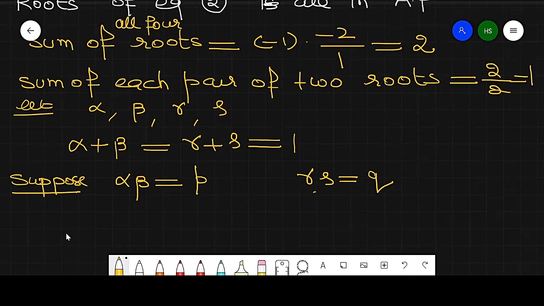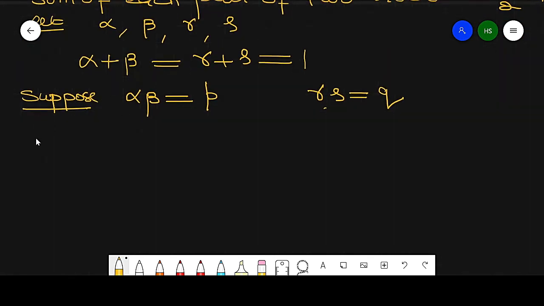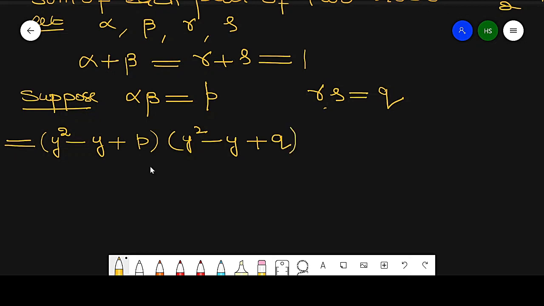Then the quadratic equation whose roots are alpha and beta is y square minus y plus p, and here it is y square minus y plus q.